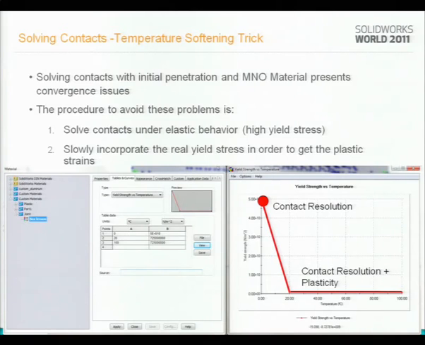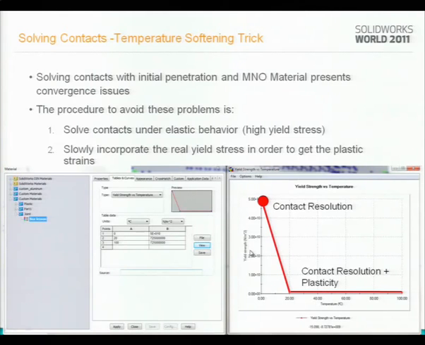So the trick to do that is first solve the contact under elastic behavior. What does it mean? What you see now here is a dummy function. The horizontal axis is temperature, and the vertical axis is yield strength.